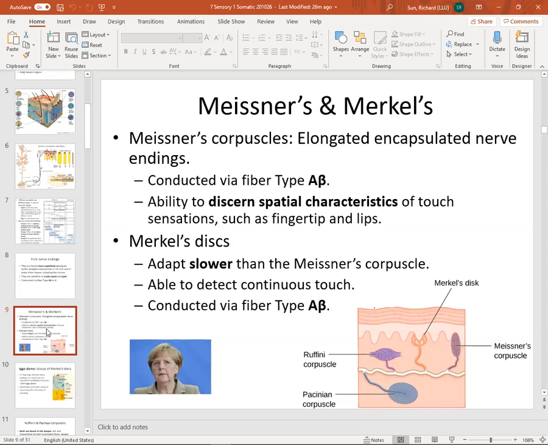Adaptation means that a receptor will become non-sensitive after a constant stimulus. For example, say you put your glasses on.